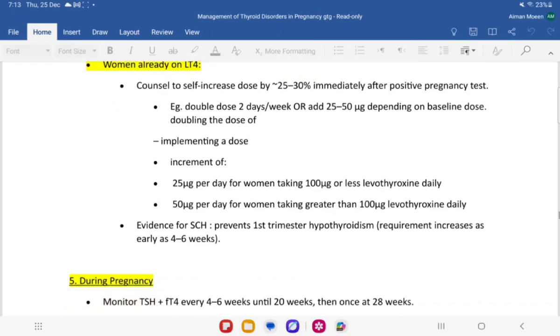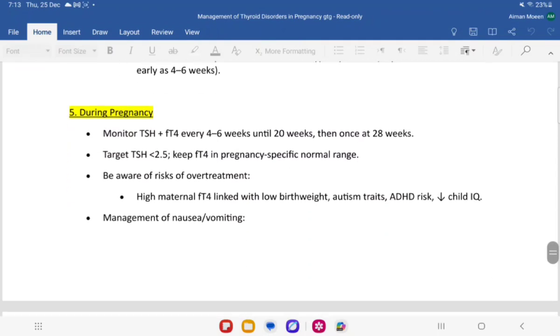Okay, so now it is very important what you need to do if hypothyroidism or subclinical is diagnosed during the pregnancy, or the woman is already taking levothyroxine and is a known case of overt or subclinical hypothyroidism. So for women during the pregnancy, we have to monitor the TSH every 4 to 6 weeks until 20 weeks and then once at 28 weeks.